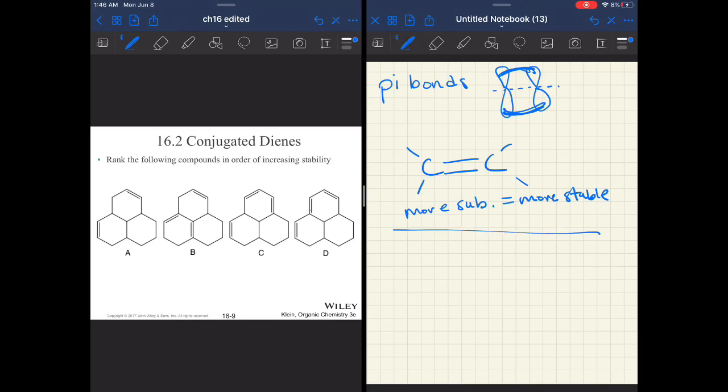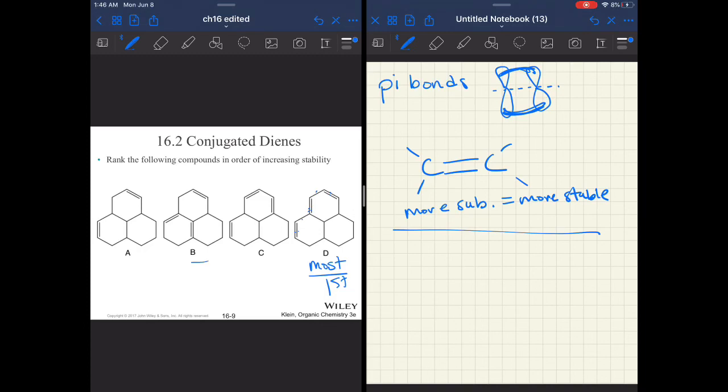So I'm first going to apply the new rules that I've learned. If I'm going to go from most stable to least stable, D right here is the most stable, so we'll say that's number 1. All 3 bonds are conjugated: pi, single, pi, single, pi.